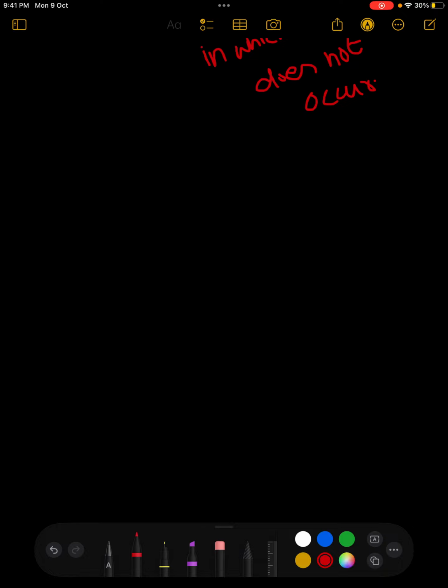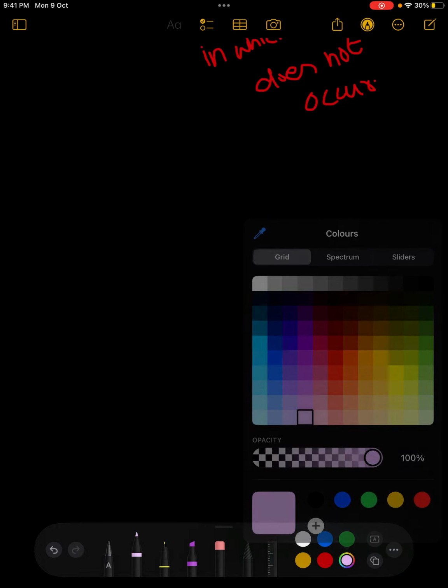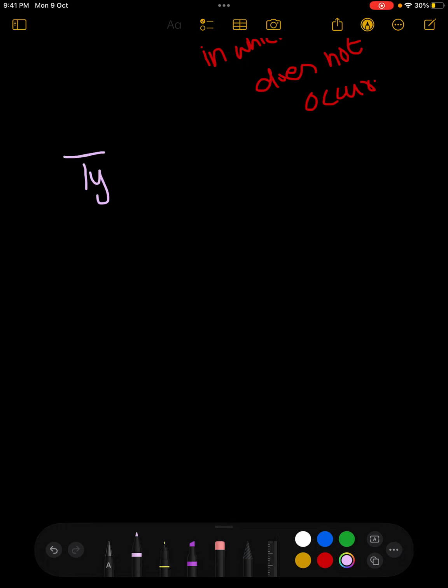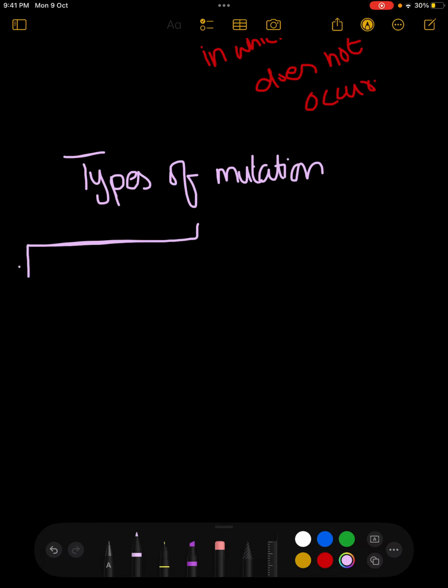Now mutation is divided into different types based on different classifications. There is another classification of this mutation, which is quite detailed. According to this, there are two types of mutation.